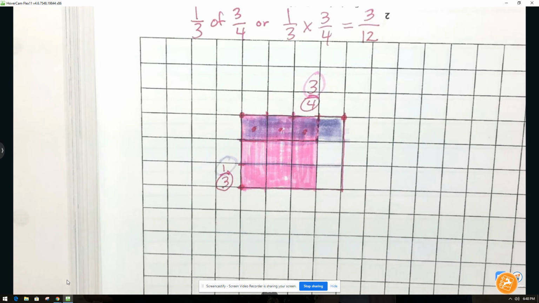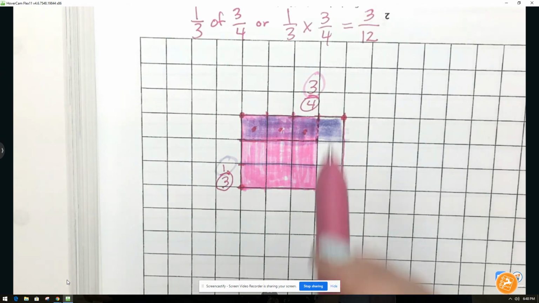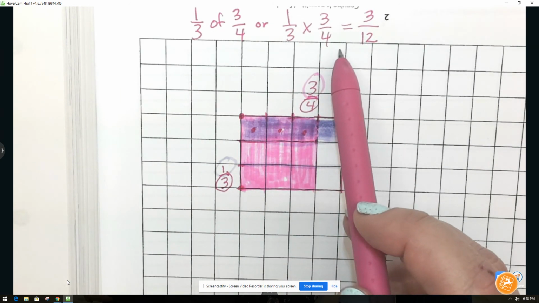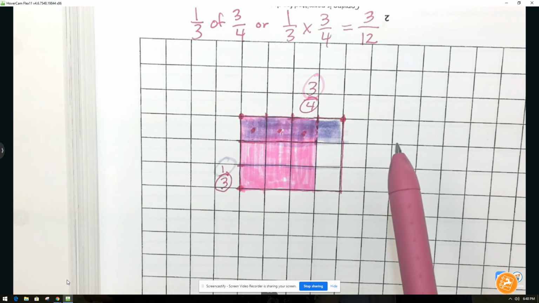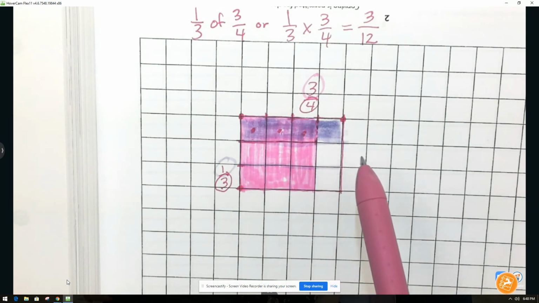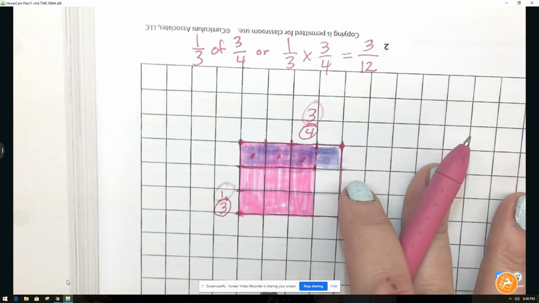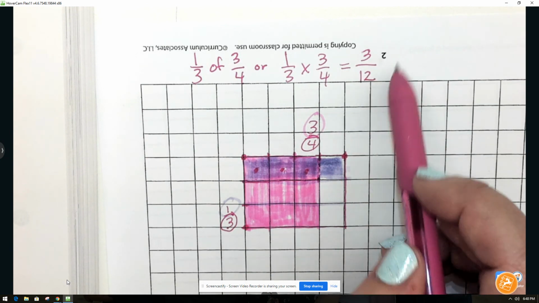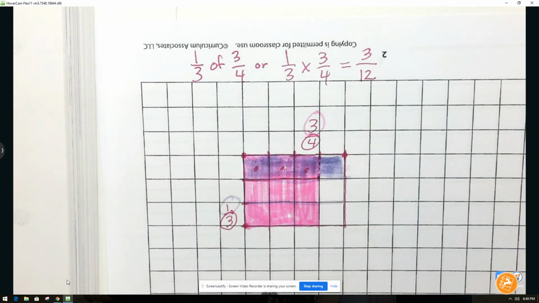Now, I know that most of you will probably not use this method for the rest of your life because you can easily multiply 1/3 times 3/4. But I wanted you to at least see how to do the steps so that you knew what to do. So 1/3 of 3/4 is equal to 3/12.